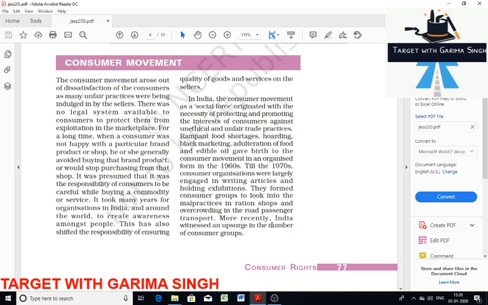They formed consumer groups to look into malpractices in ration shops and overcrowding in road passenger transport. Rampant food shortage, hoarding, black marketing, and adulteration of food and edible oil gave birth to the consumer movement, organized from the 1960s. Adulteration in basically everything led to the formation of the consumer movement.